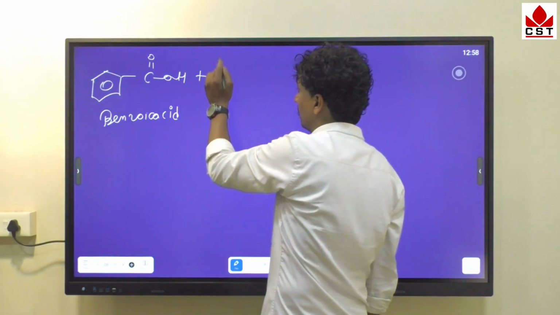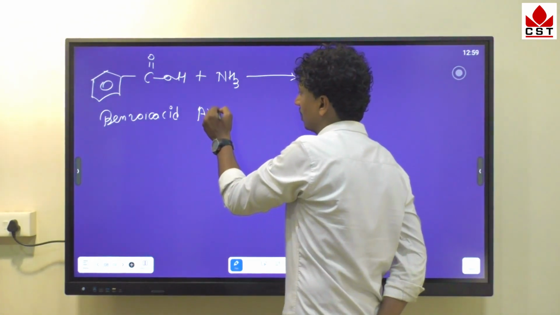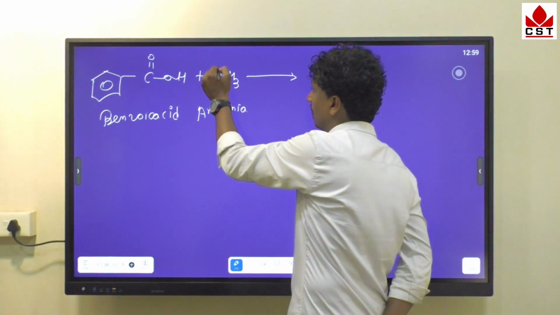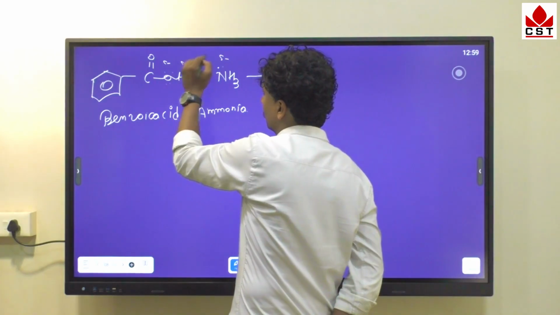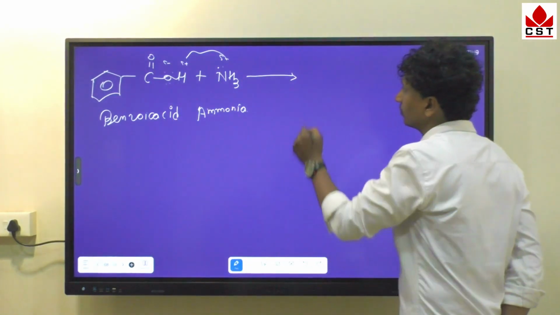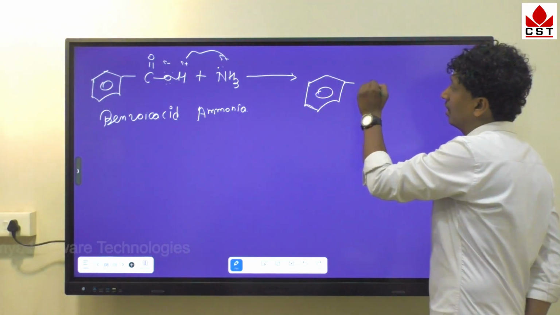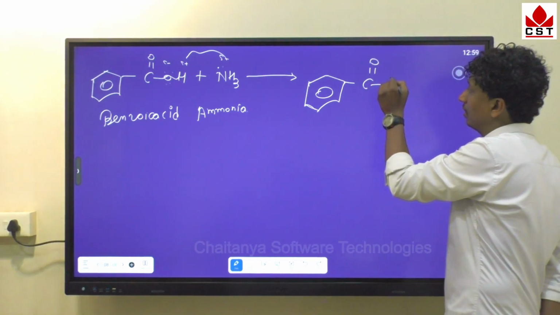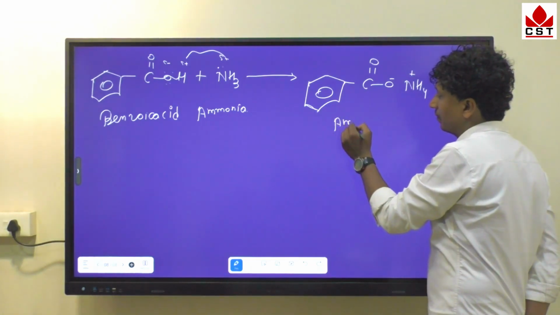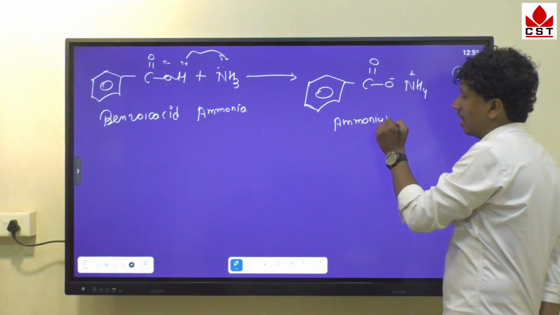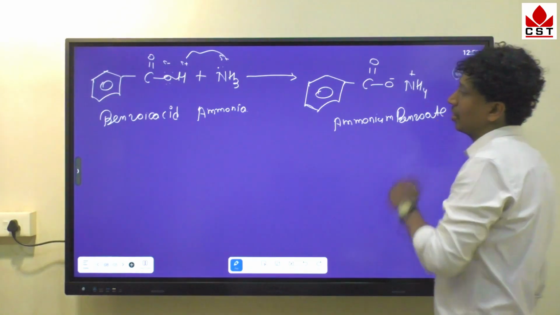Treatment of benzoic acid with NH3, ammonia, which has a lone pair, delta negative, delta positive: abstraction of hydrogen, and the formation of the ring C double bond O, O minus, and NH4 positive. The name of that salt is ammonium benzoate.